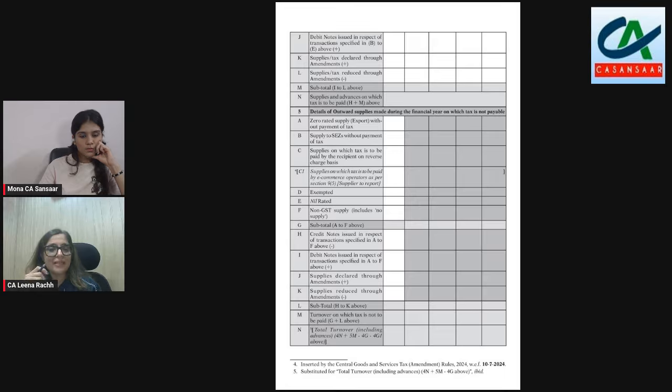That means till last year, we used to have a common figure, this is my reversal, finished. But now, you are reversing a certain figure. You need to give a complete breakup. What are the temporary reversals? What are the permanent reversals? In fact, not only temporary and permanent, even if it's temporary, whether it's under 37, whether it's under 37A, ITC under 38, that is ITC banking 50%, ITC 39, and then blocked credit separately.